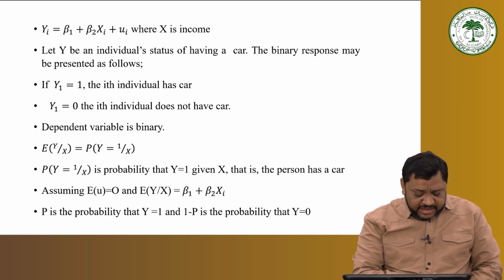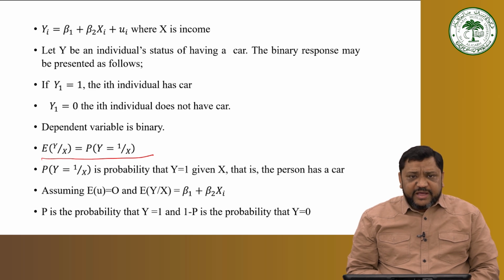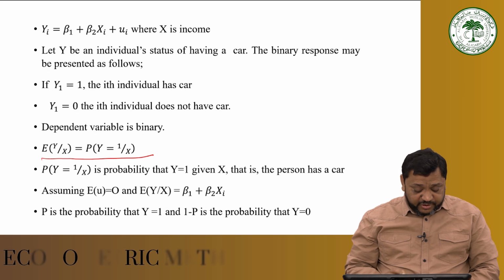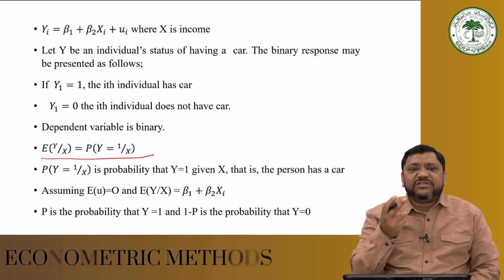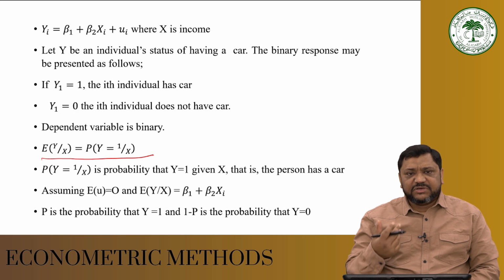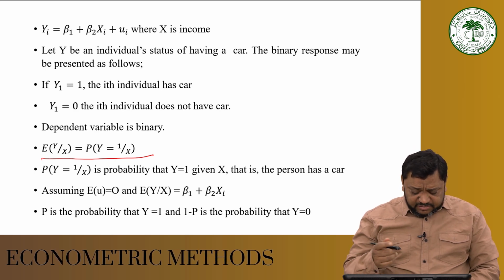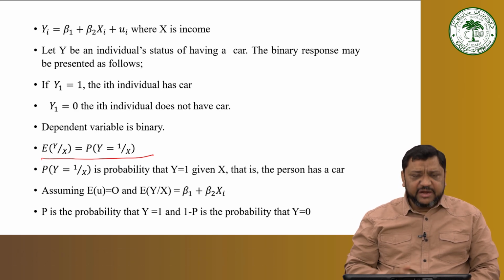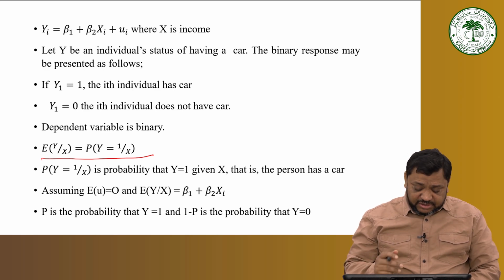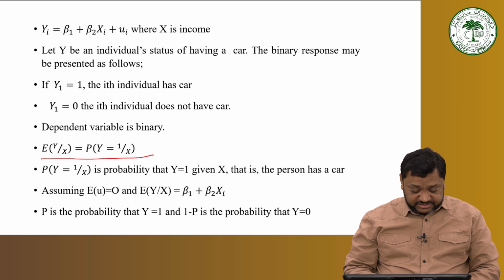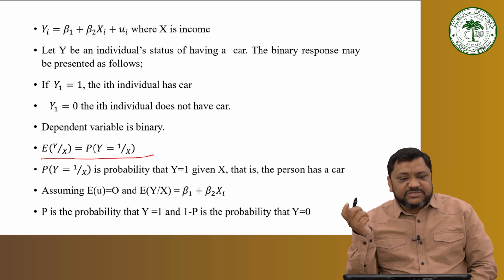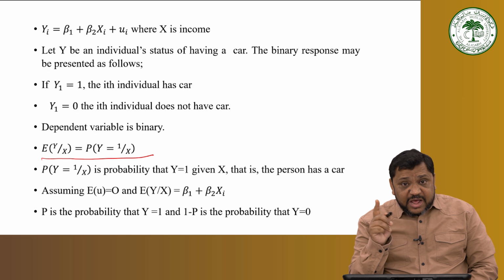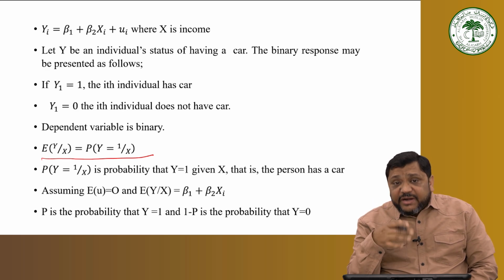We write this as the expected value of y given x is equal to the probability of y is equal to 1 given x. If y is equal to 1, that means the person has a car. And the expectation of your error term u, as generally we take it, will be 0. The expected value of y given x is equal to beta 1 plus beta 2 xi, where pi is the probability that y is equal to 1, and the probability of not having.